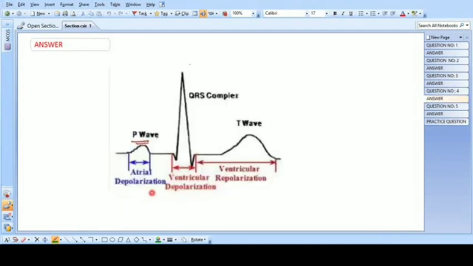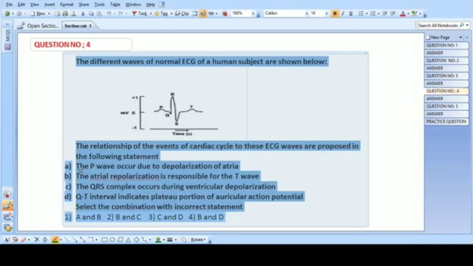We have the answer. This I took from a physiology textbook, and here the graph shows that the P wave is for atrial depolarization, the QRS complex is for ventricular depolarization, and the T wave is from ventricular repolarization. Okay, here the first statement, the P wave occurs due to depolarization of atria. Of course, it's the correct answer.